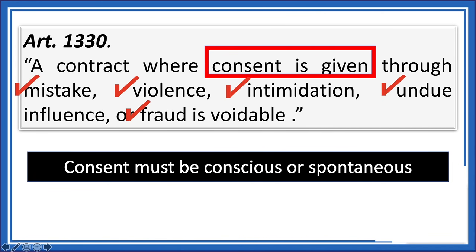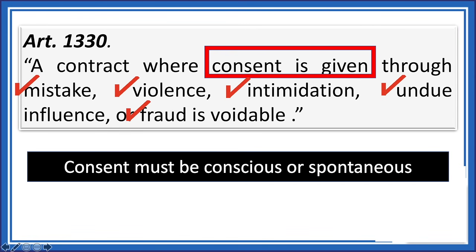And so, Article 1330 enumerates causes for a vitiated consent. First nga dito is mistake, tapos violence, intimidation, undue influence, tsaka fraud. So, pag present ang alinman dito sa kanila, dun sa consent, meaning that contract is voidable.